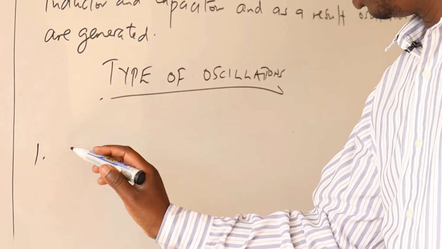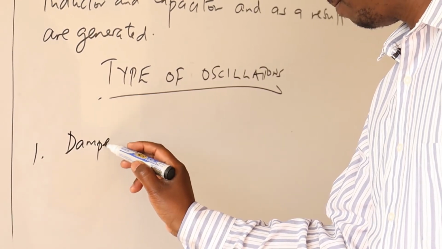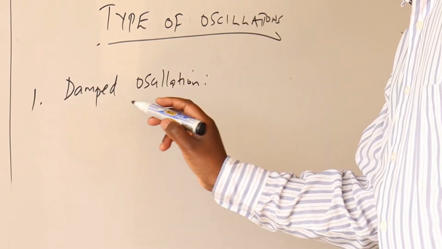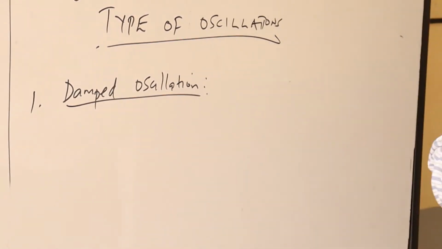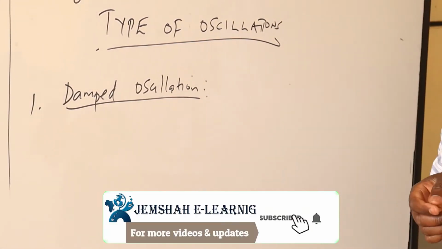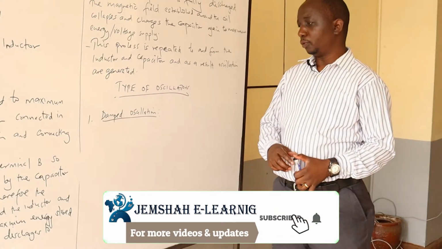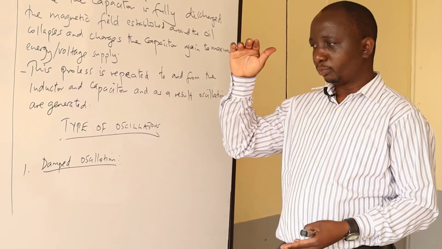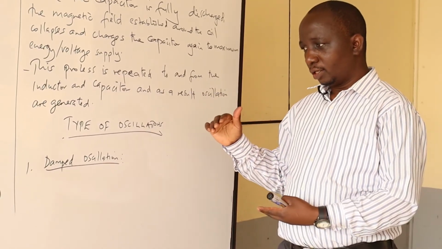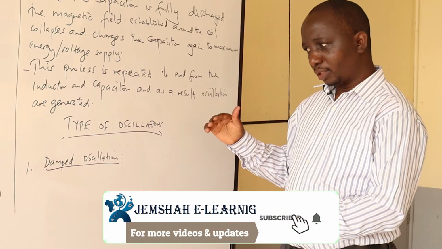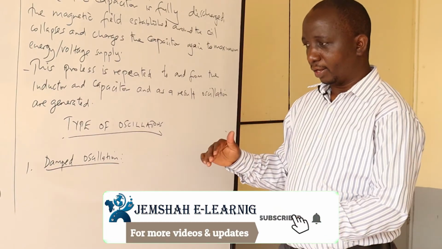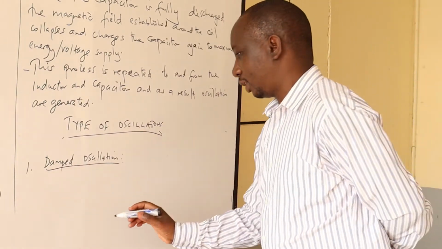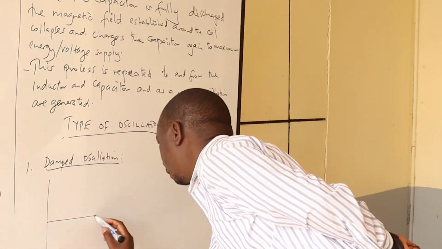We have the damped oscillations. The damped oscillations are the ones that die with time, or their existence ceases with time. They move from the maximum peak, and with time their maximum reduces to zero. We'll have this as a sketch so that we understand what it is.